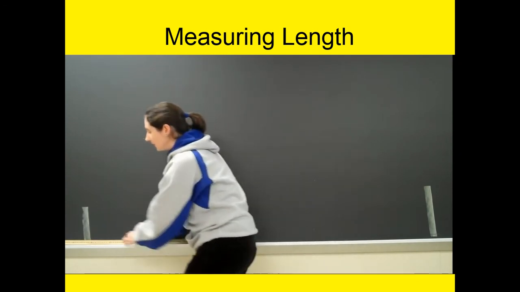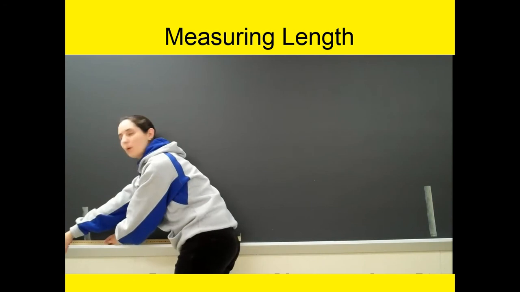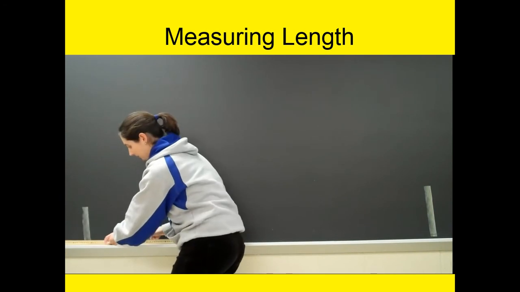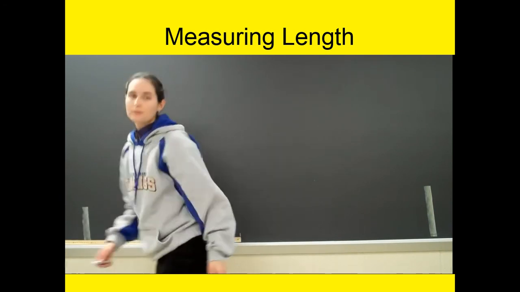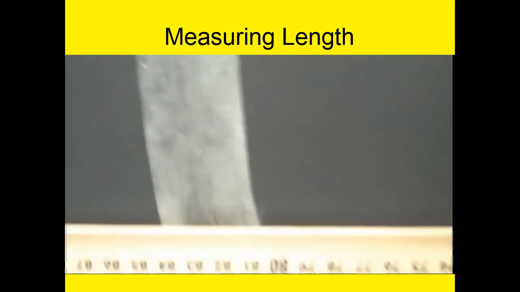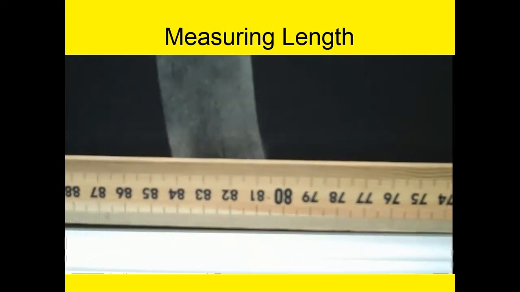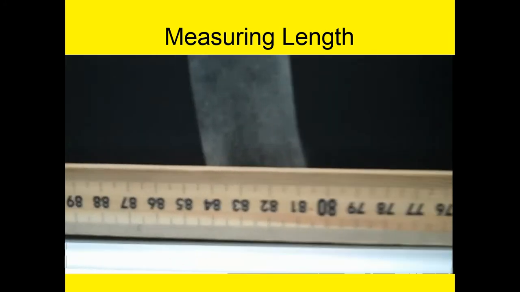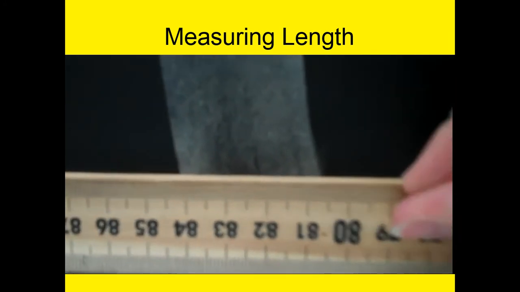Now if we go all the way to the end here, we see I'm not quite 1 full meter stick away. So let's get a close-up view of what that looks like. So I know my meter stick is upside down, but as you can see, the line ends here.